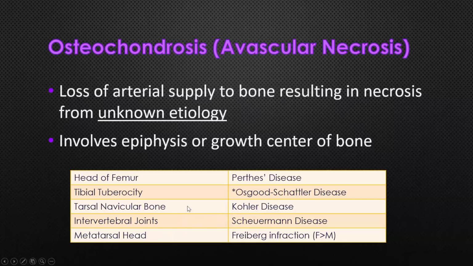Most of these are equally as common in females or males, other than this one, which is more common in females. This one's actually more common in males. So Osgood-Schlatter, I think the typical appearance is in adolescent boys who play sports, for whatever reason. They get that one in the knee.